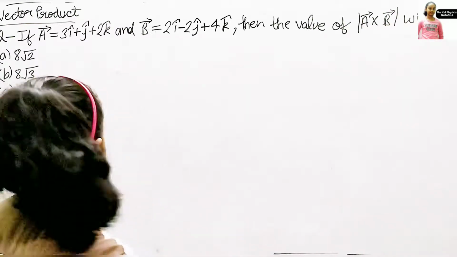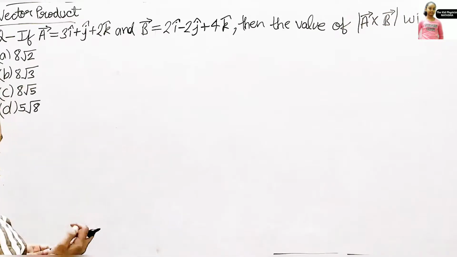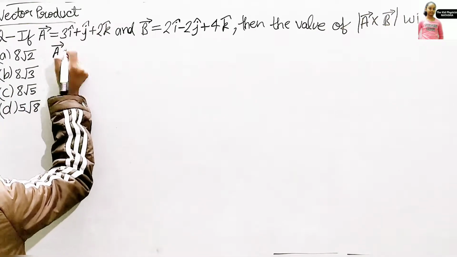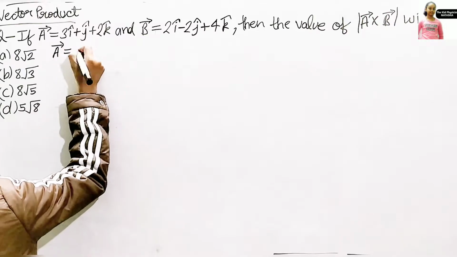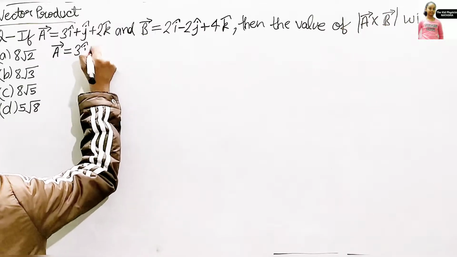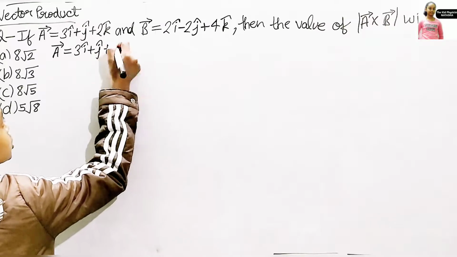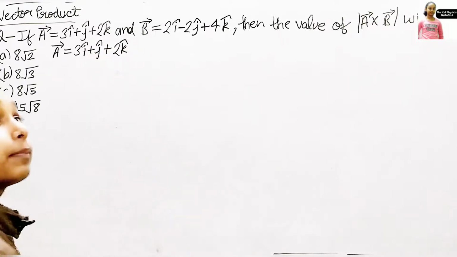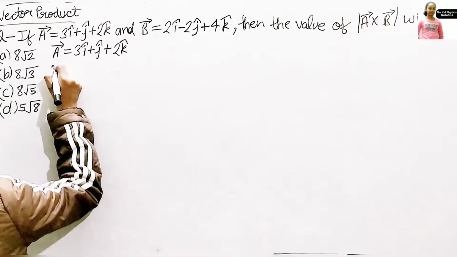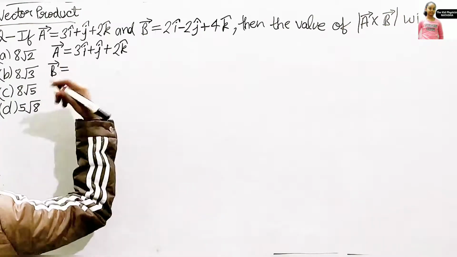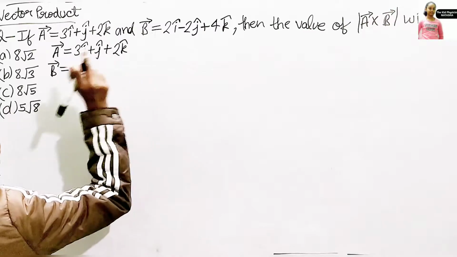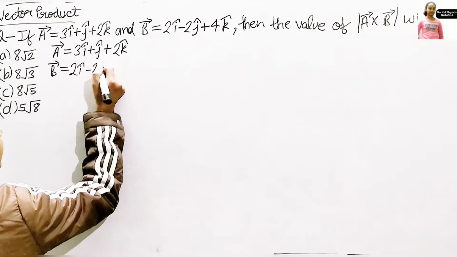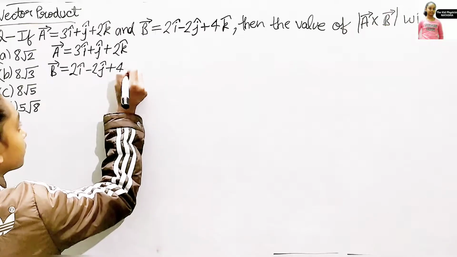Let's solve it. First of all, let me write the values of the given vectors. According to the question, vector A is equal to 3i cap plus j cap plus 2k cap, and vector B is equal to 2i cap minus 2j cap plus 4k cap.